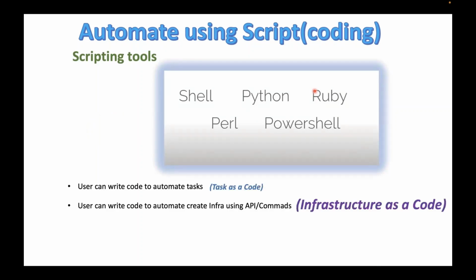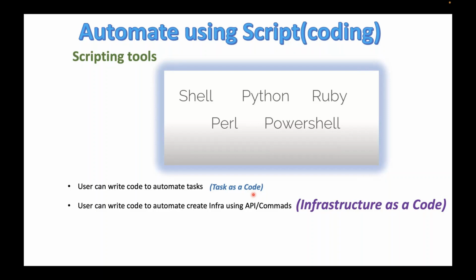Okay. Task as code is nothing but, just for understanding purposes, I have mentioned this. In a particular OS, if you want to do some task, like installing an application on your server, for that you create a script. That is the task. If you want to pull some information from the server, like how many applications are installed, or install a particular agent on the server, those are simple tasks, right?